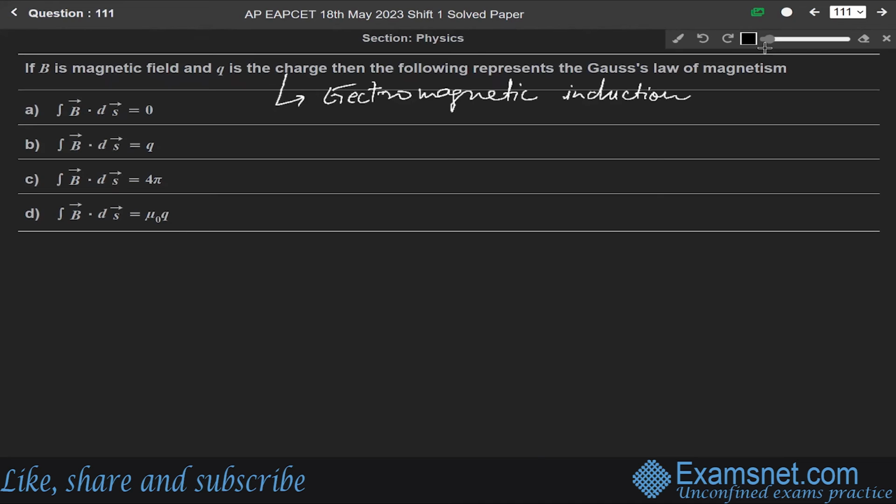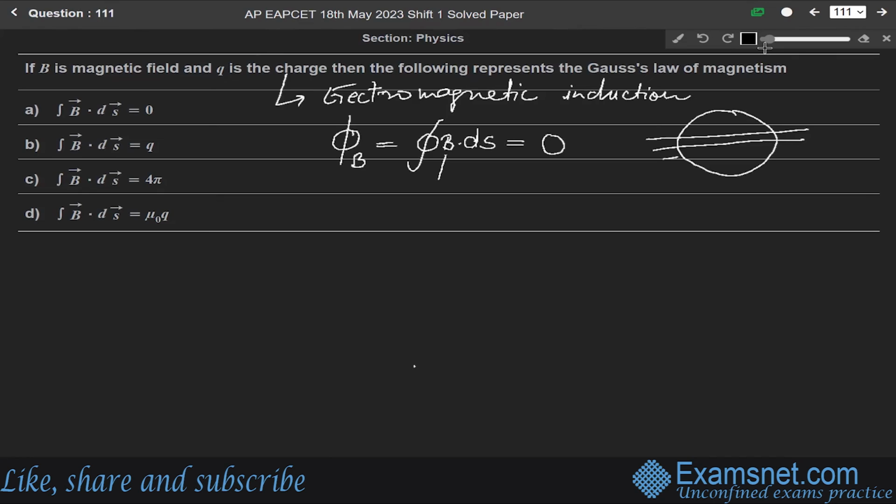This law states that the magnetic flux phi B is equal to the surface integral of magnetic field equal to 0, means the total magnetic flux passing through any closed surface is equal to 0.